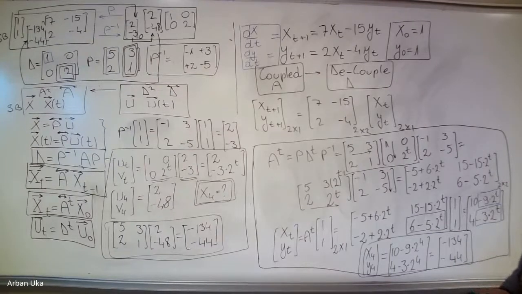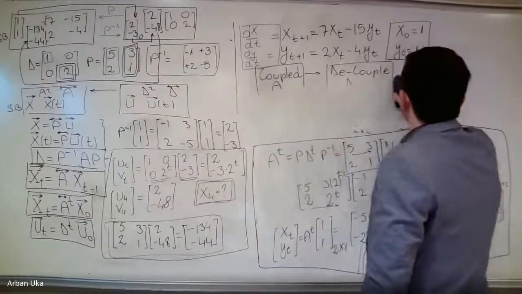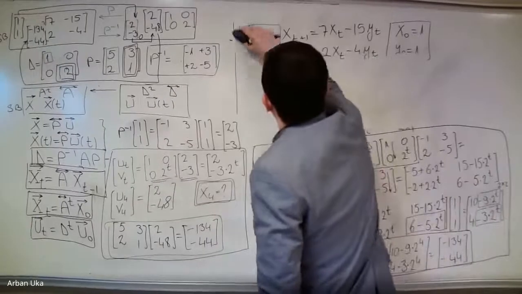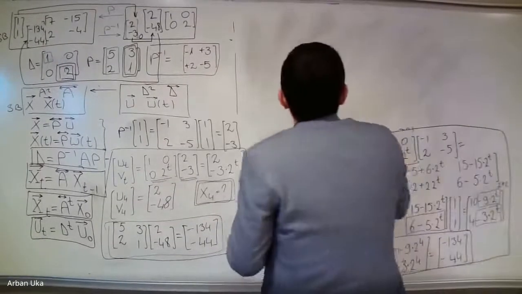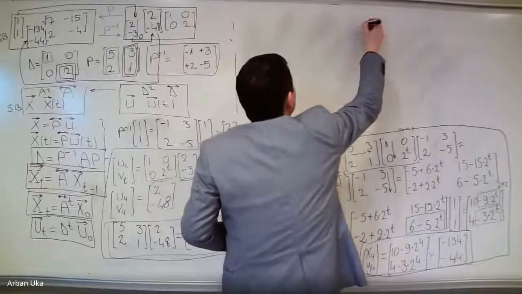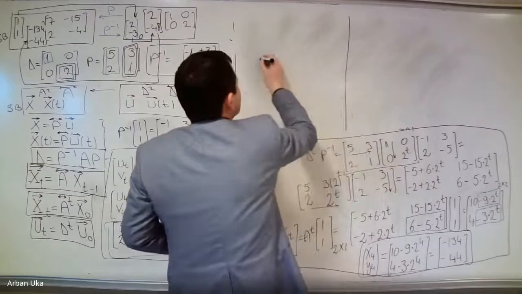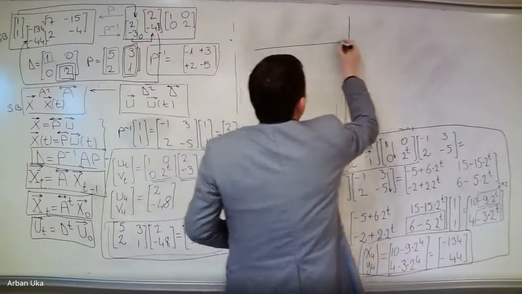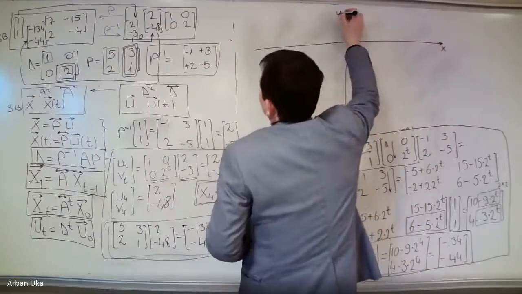This is an interesting approach, but I want to have a look again at the geometric representation. I'm afraid I cannot draw this one very to scale. But let's assume this is the x and the y.